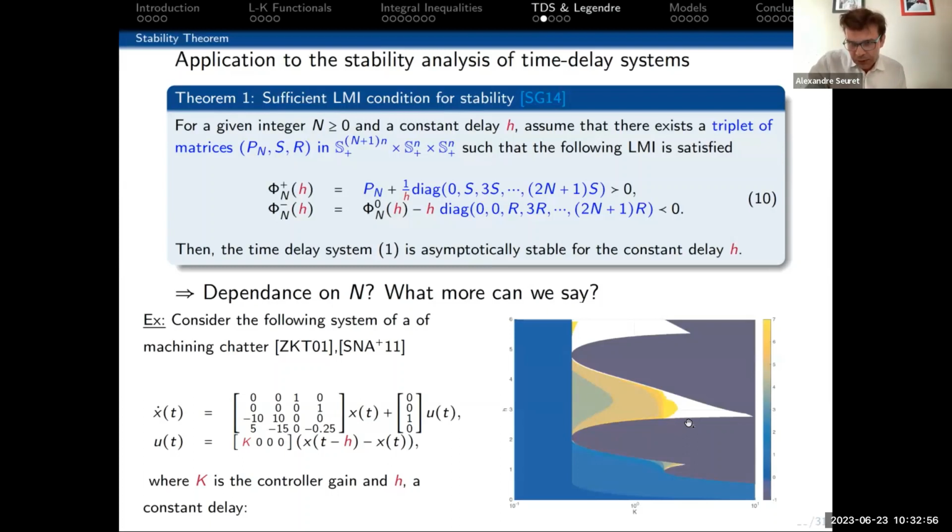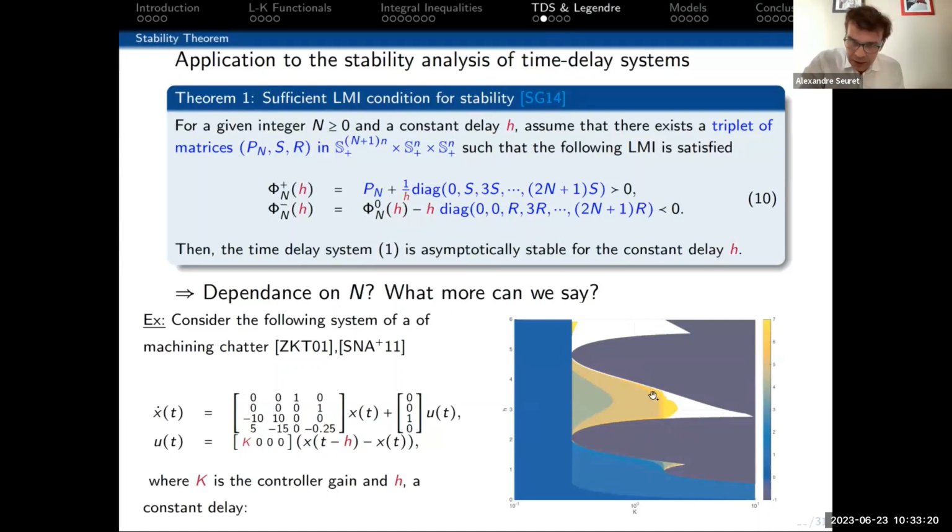Another interesting point in this figure is this tricky region that is hard to evaluate, because you have a stable part, unstable part, and so on and so forth. You can see that when you increase the order, you are able to recover this region and this region as well.